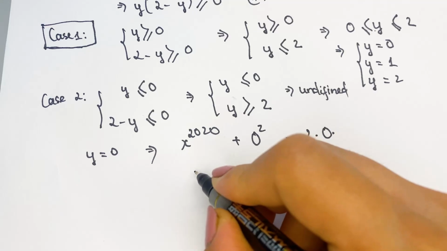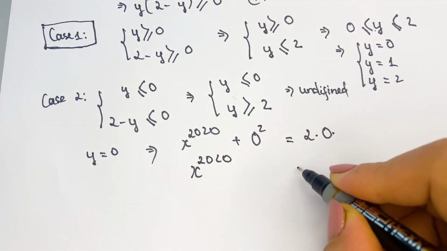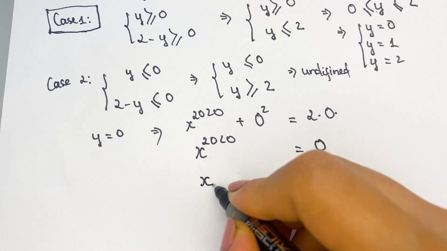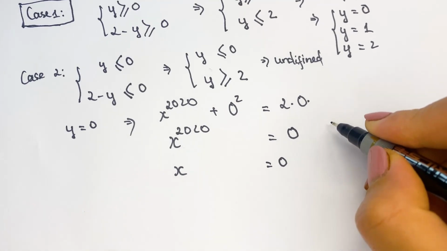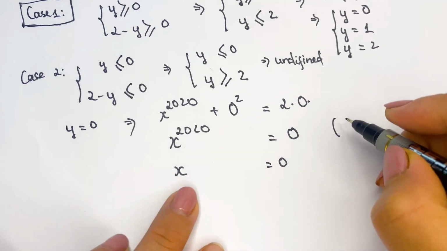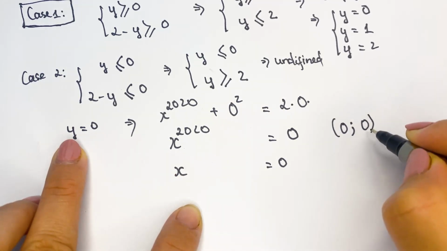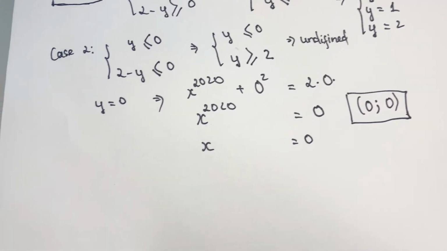So therefore x^20 equals 0. Therefore we have the value of x equals 0, yes? First we have a pair of x and y: x equals 0, y equals 0, yeah? One solution.